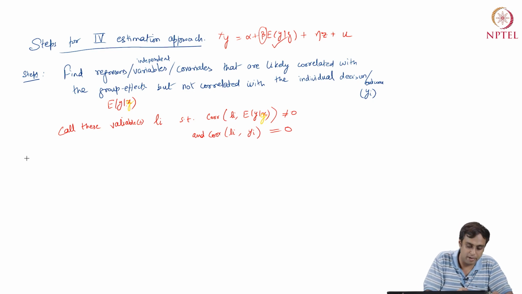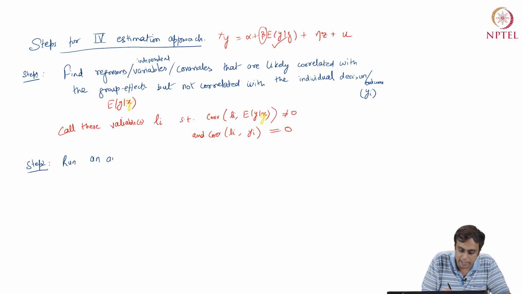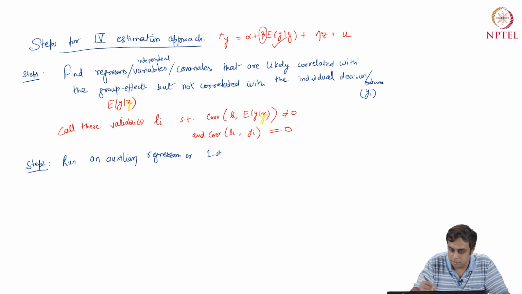Then I will go to my next step, step 2, and I will run an auxiliary regression, also known as the first stage regression.